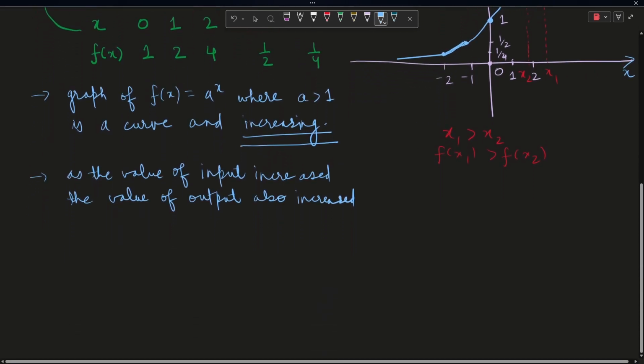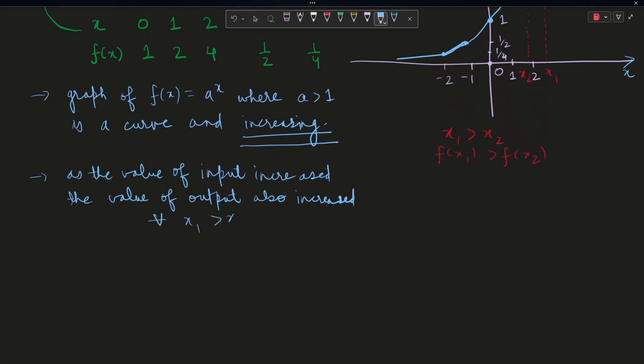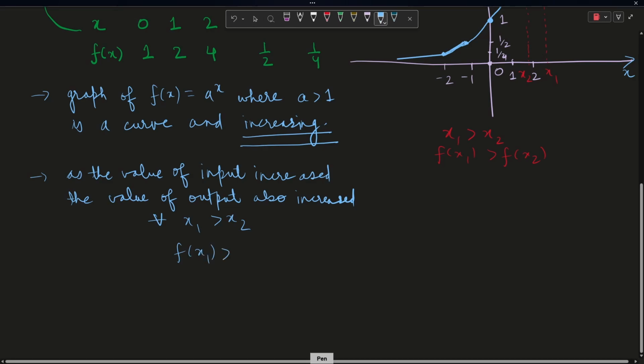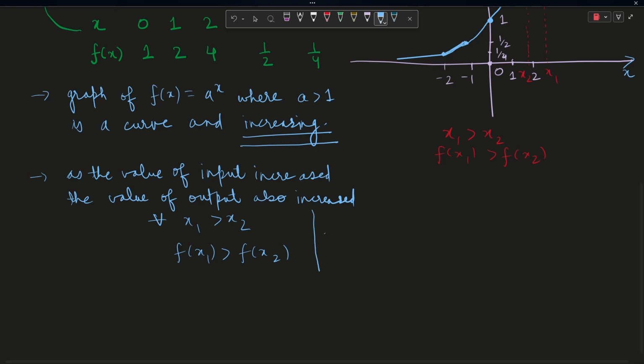Or what can I say, that for x1 greater than x2, f of x1 is greater than f of x2. That shows that the function is increasing.